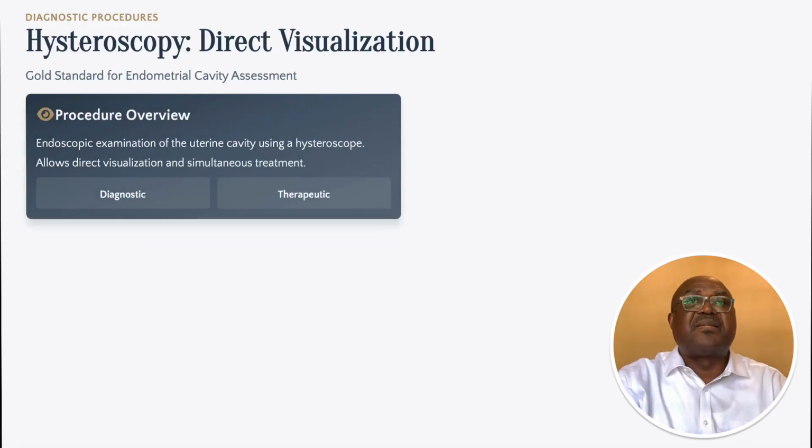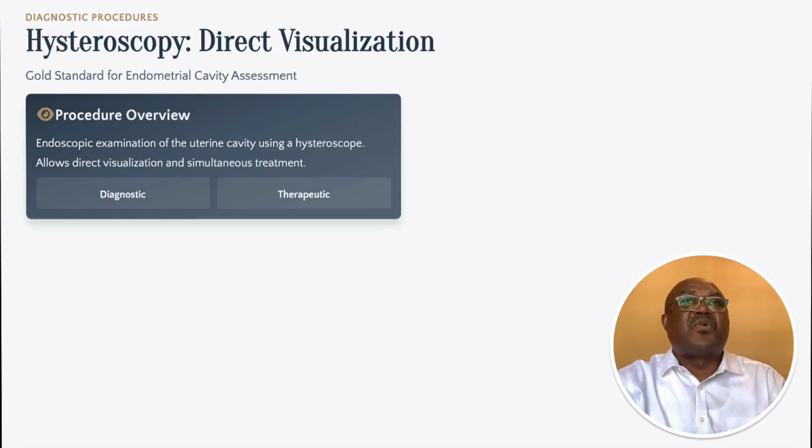Hysteroscopy. Hysteroscopy represents the gold standard for endometrial cavity assessment. This is endoscopic examination of the uterine cavity using a hysteroscope, allowing direct visualization, and simultaneously you can do treatment.